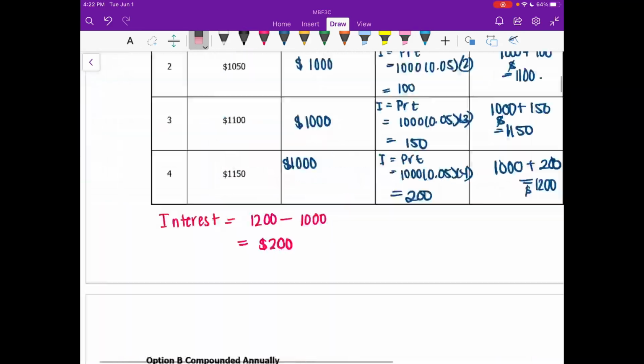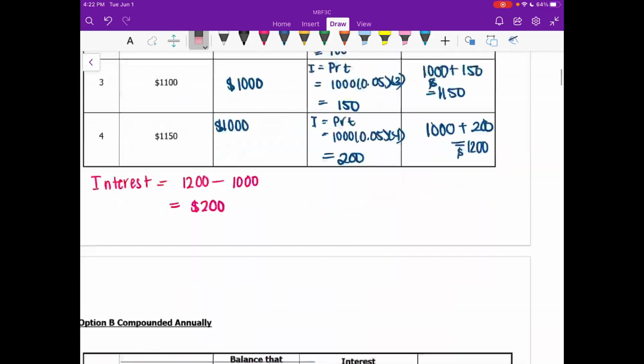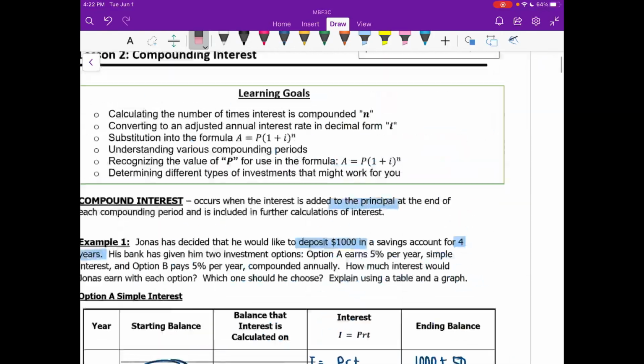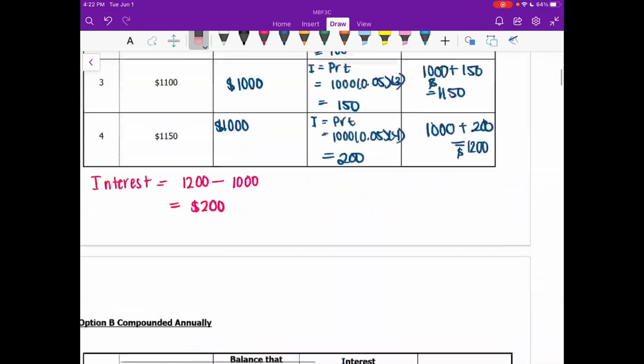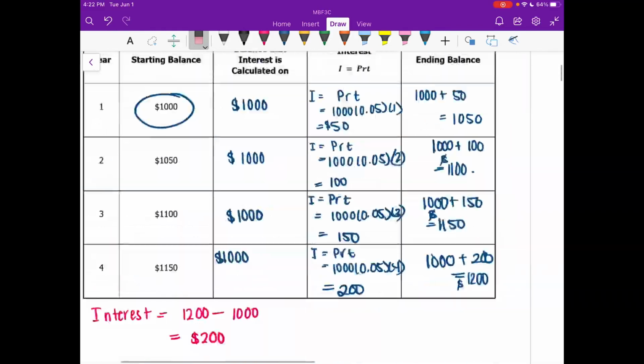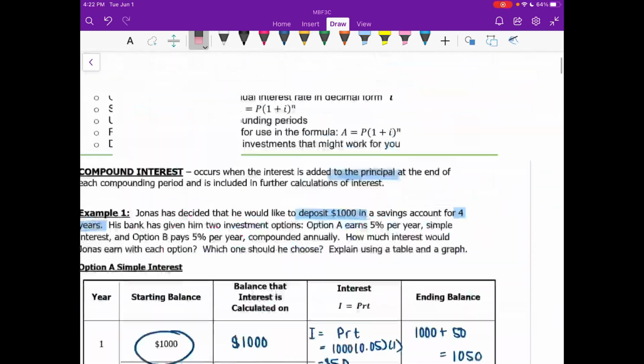Annually is pretty easy. Semi-annually means that halfway through the year, they take whatever amount of money you have in there, give you the interest, and reinvest it, and then do it again at the end of the year.